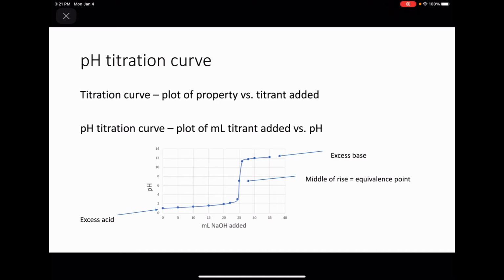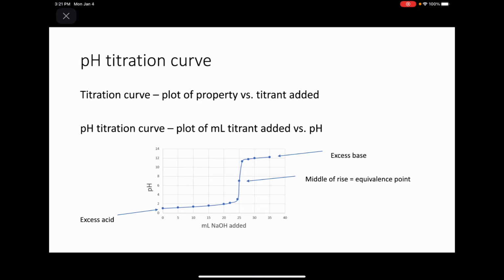Here I show an example of a titration curve where you have pH on the y-axis and milliliters of sodium hydroxide on the x-axis. You can see at the beginning of the titration curve we're in the range where we have excess moles of acid, and then the pH goes up sharply around 25.